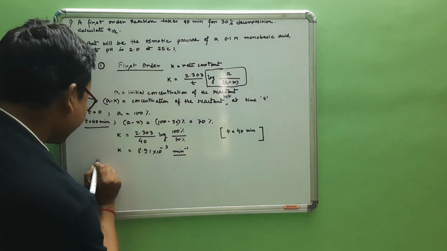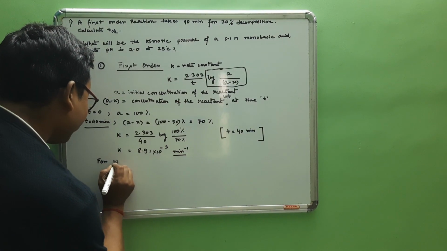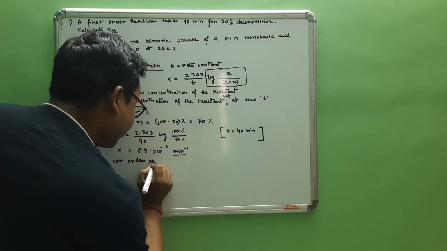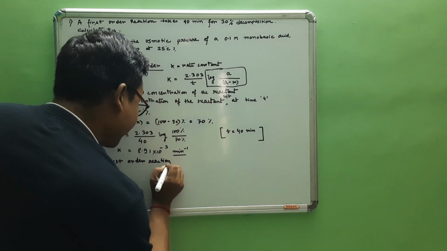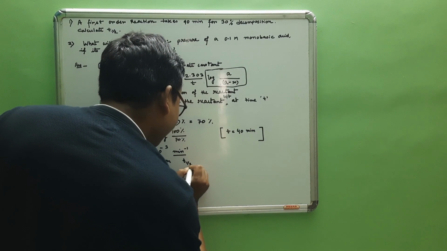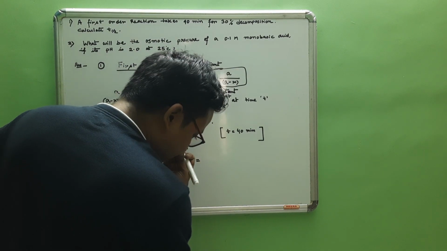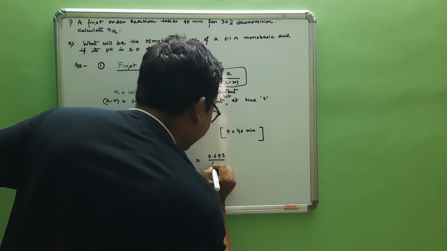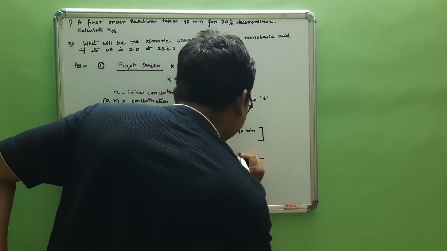So for first order reaction, half life of the reaction is given as 0.693 by k, and we already derived the value of k.